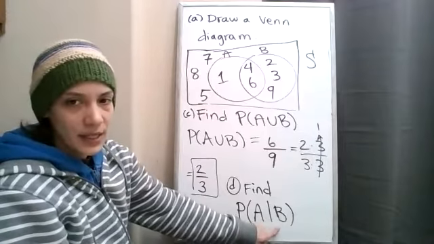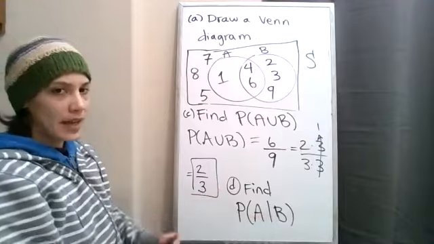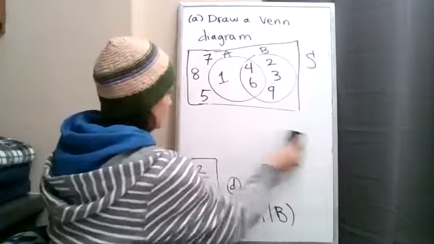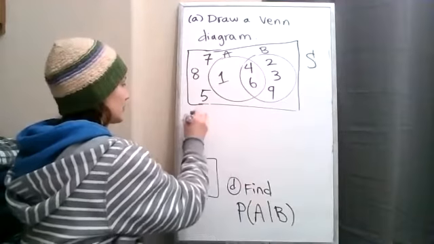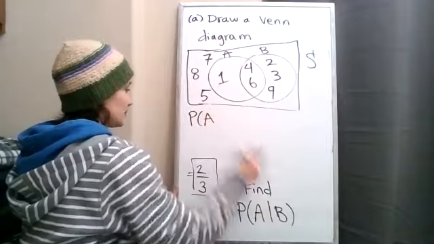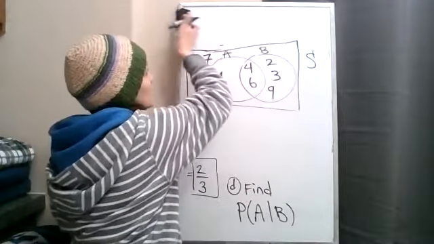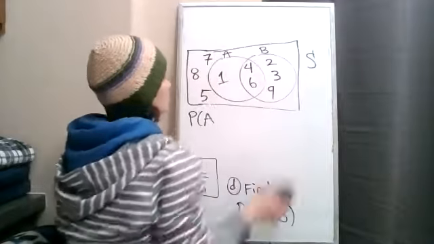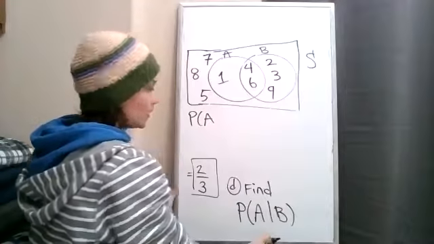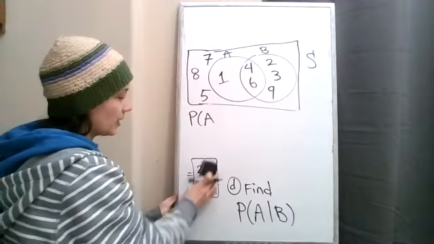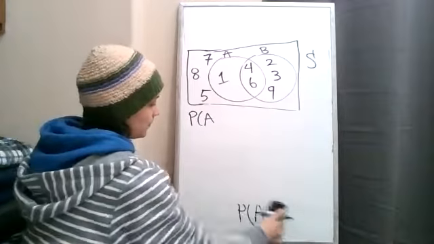It's A given B equals the probability of A intersect B divided by the probability for B. I just want to keep the picture.